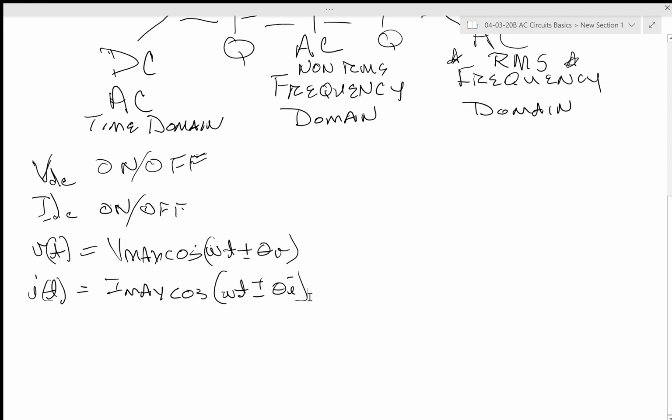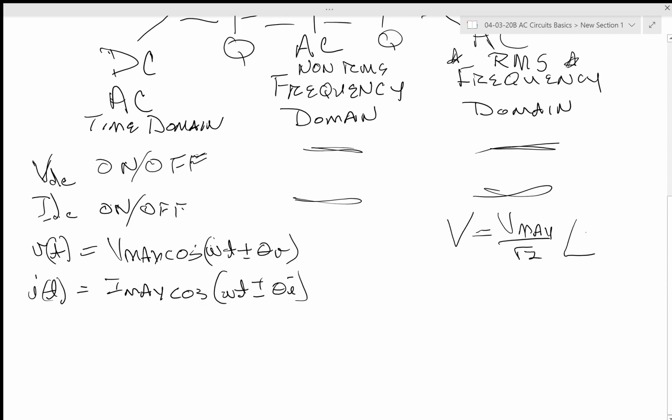And then you could turn those values. You didn't have to worry about this per se, the IDC and the VDC in either one of those domains, either frequency domain, non-RMS or RMS. But in the RMS, you basically had a phasor, which was V equaled Vmax divided by the square root of 2 at an angle of theta V, whatever that was.